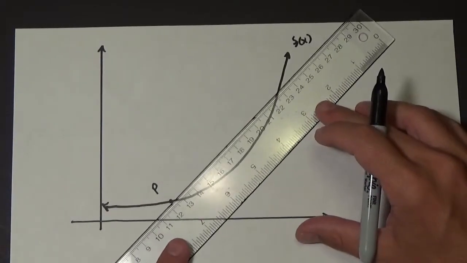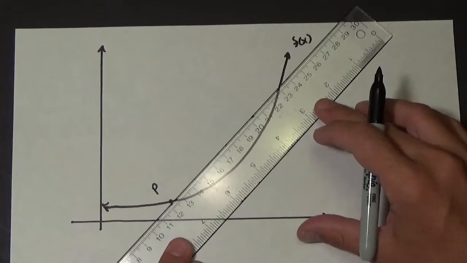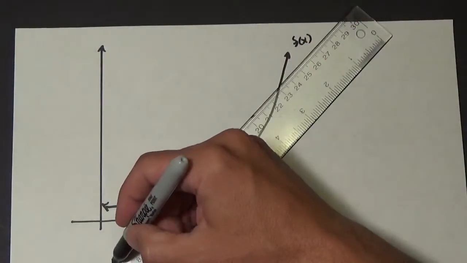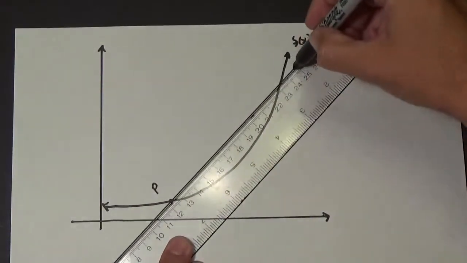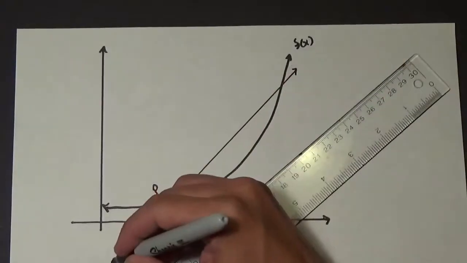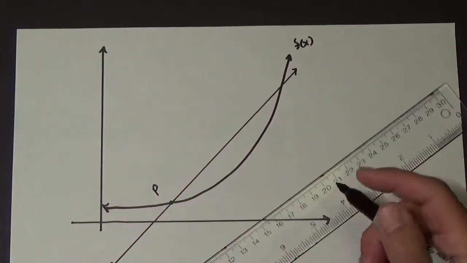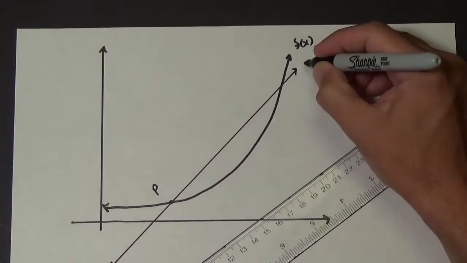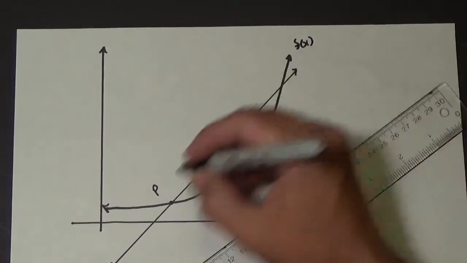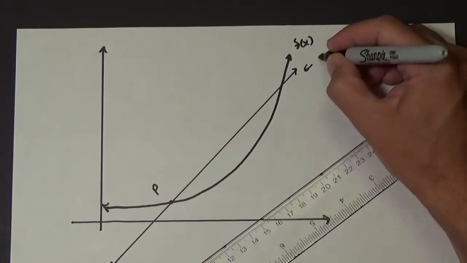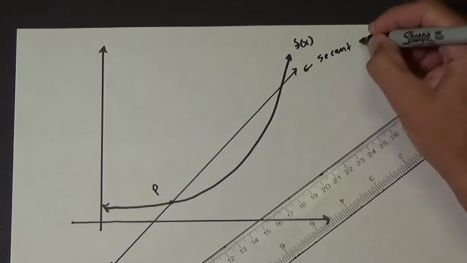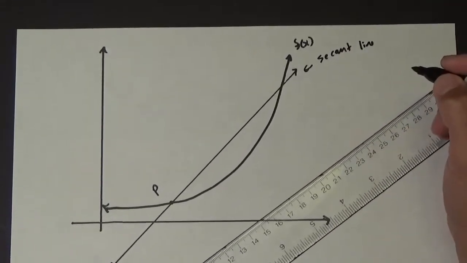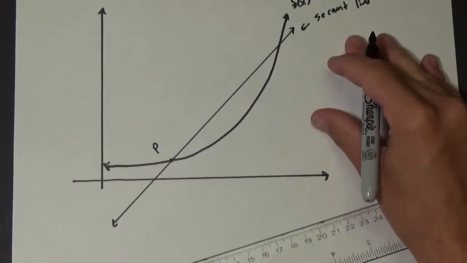So what we're going to do is I'm going to go ahead and sketch in a secant line right here. And so we have the secant line, and we'll call it, so I'll put here secant line. And let's find the slope of this secant line.